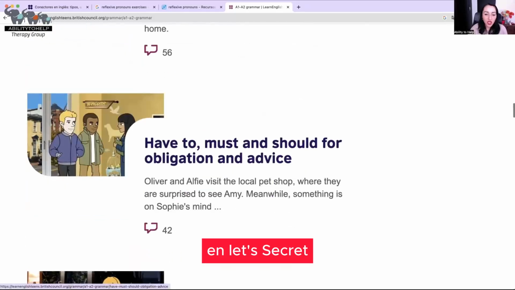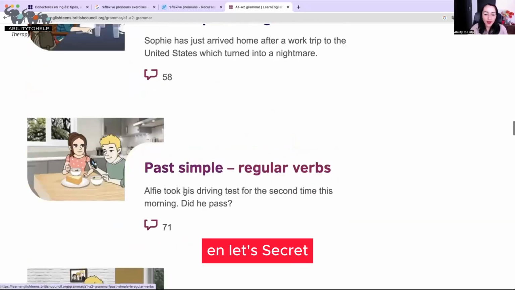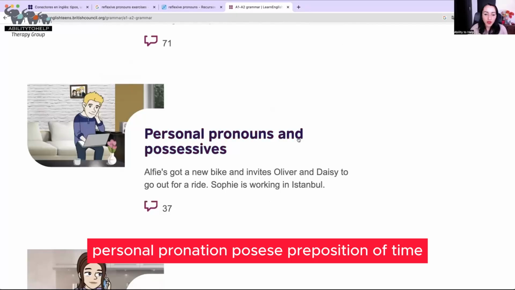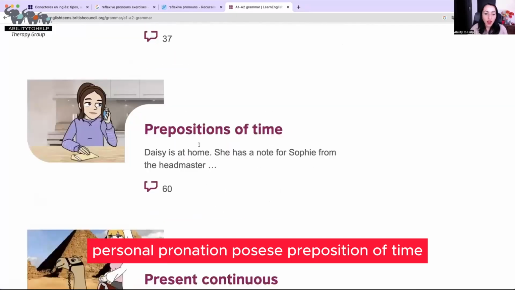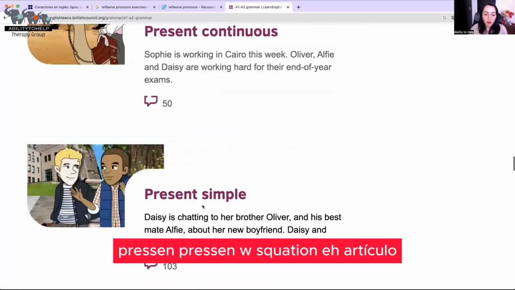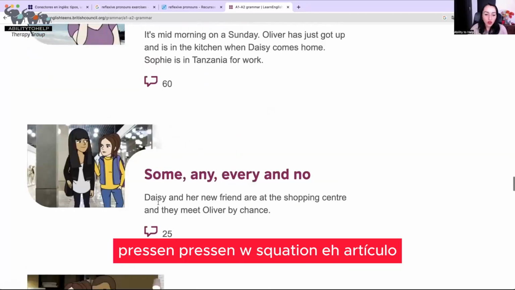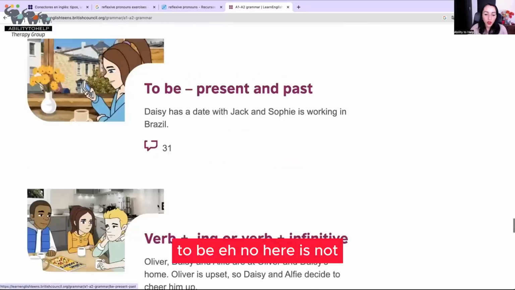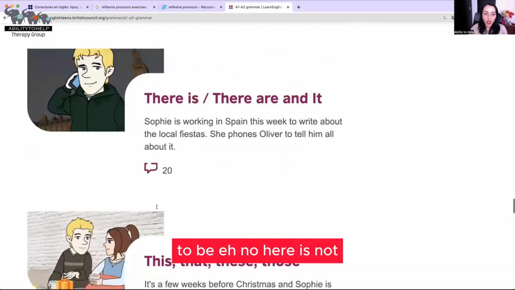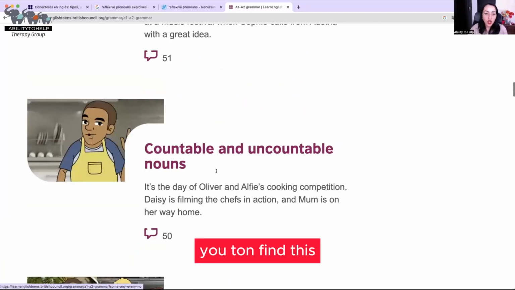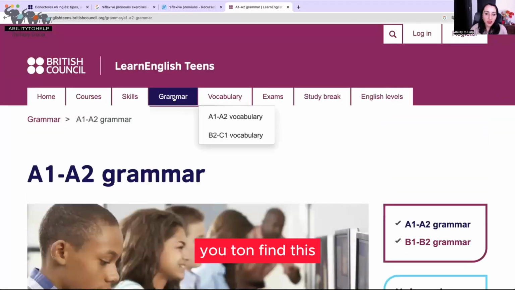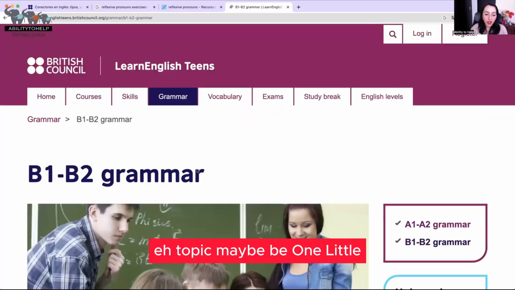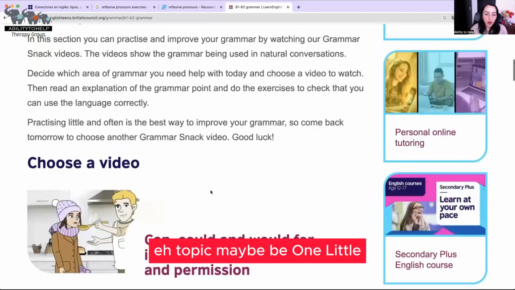Have got, have do, should, personal pronouns and possessive. Preposition of time, present, WH question, article, to be. No, here is not, you don't find this topic. Maybe B1 level.